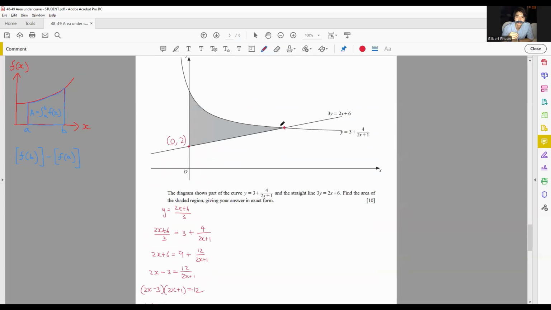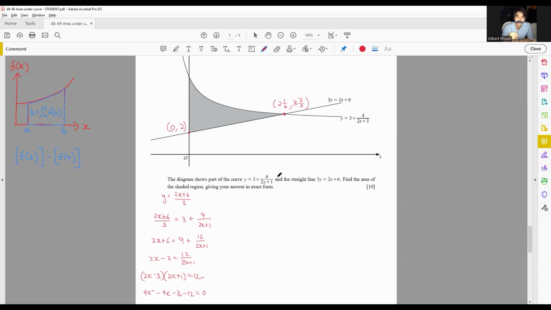Therefore, the intersecting point here would be 2 and 1/2, 2.5, and 3 and 2/3, or 11/3.